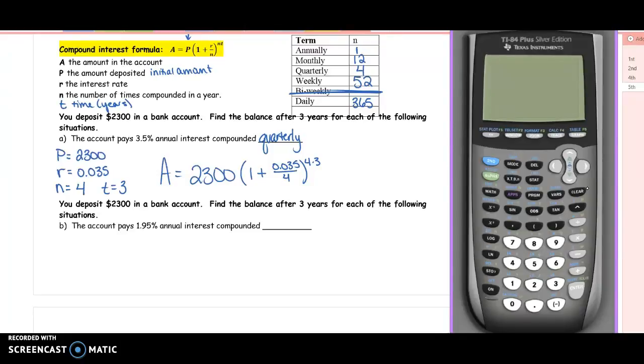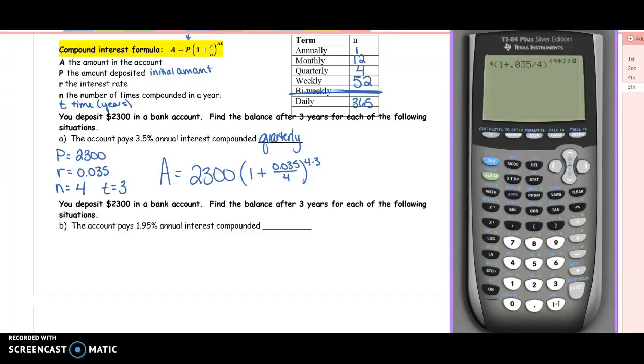And a lot of people screw up the order of operations, so it's really a better idea to just enter this all in one step. So 2,300 parentheses 1 plus 0.035 divided by 4, close your parentheses, raised to the, if you have a scientific calculator, you should use another set of parentheses now. 4 times 3, close your parentheses.